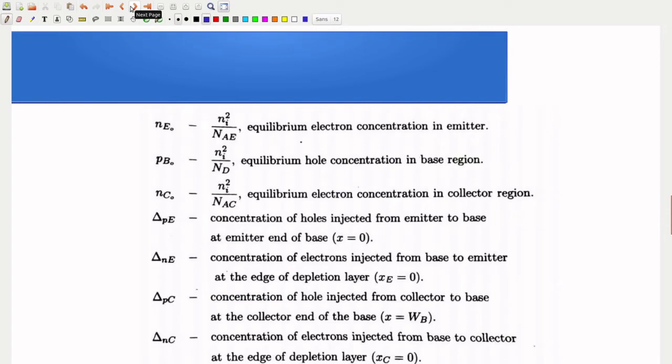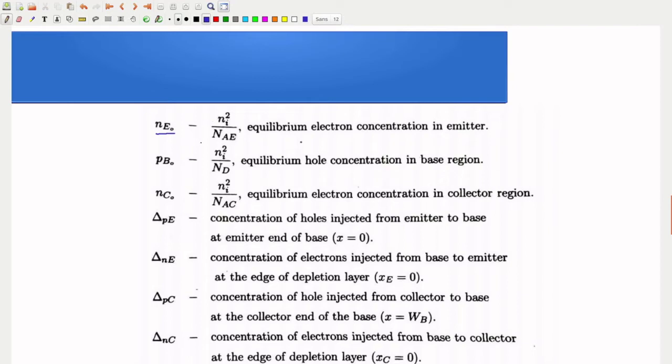Certain notations that we use in our derivation are to be also understood. Ne0 will be the equilibrium electron concentration in the emitter, which is mathematically put as Ni squared, where Ni is the intrinsic electron concentration that we had seen, divided by NAE.